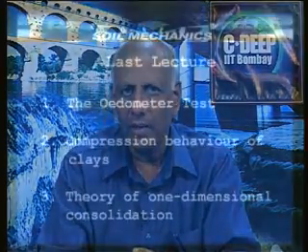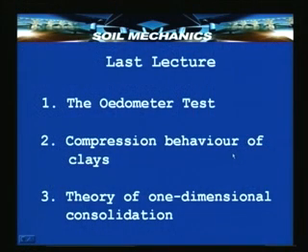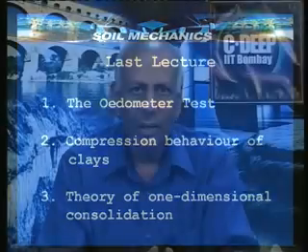A summary of what we had seen in the past is what is shown in this slide. As you can see, we discussed in detail first of all the odometer test, because it is the odometer test which gives us the void ratio versus pressure relationship. It is this relationship, which we get from the odometer test, that we idealize into a straight line in the semi-log plot.